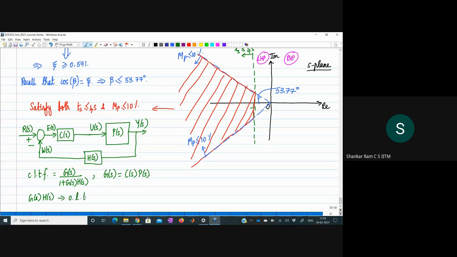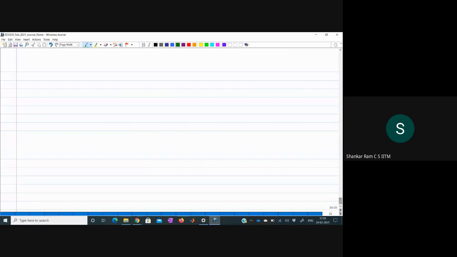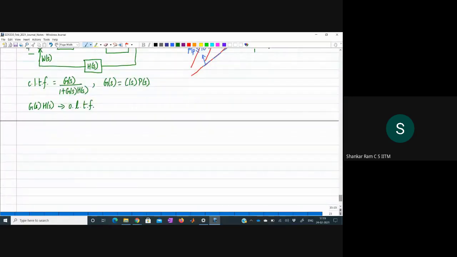Okay, so please recall all these definitions and terminology, right? Okay, so now let us do one example.